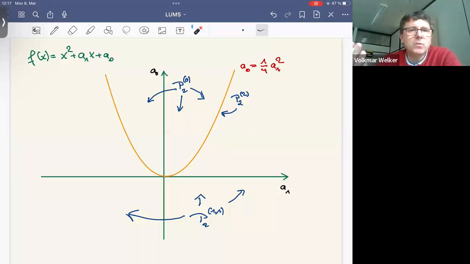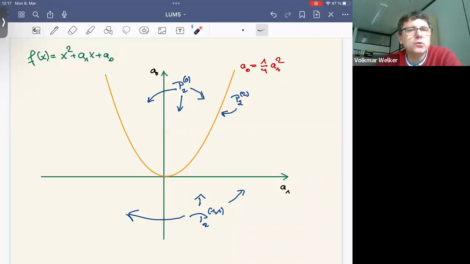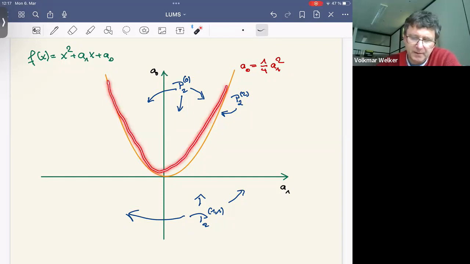Now we know when this polynomial has a double root. It has a double root if a1 squared equals 4a0. So this means a0 is 1/4 times a1 squared. So that's exactly this orange parabola.